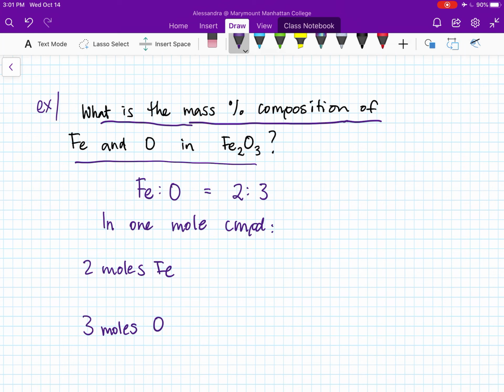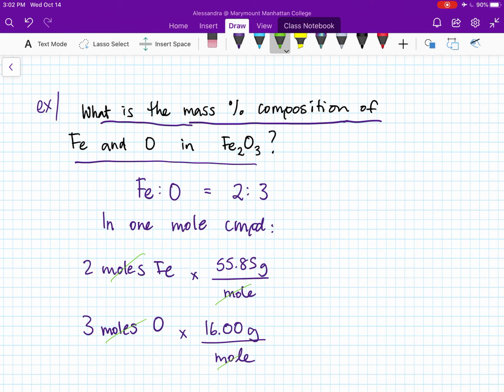So now we can go to the periodic table and get the atomic masses. The atomic mass of iron is 55.85 grams per mole. And here I'm not taking the reciprocal, right? I want to cancel out the moles and be left with grams. So I am just going to multiply the number of moles by the molar mass of each element here.